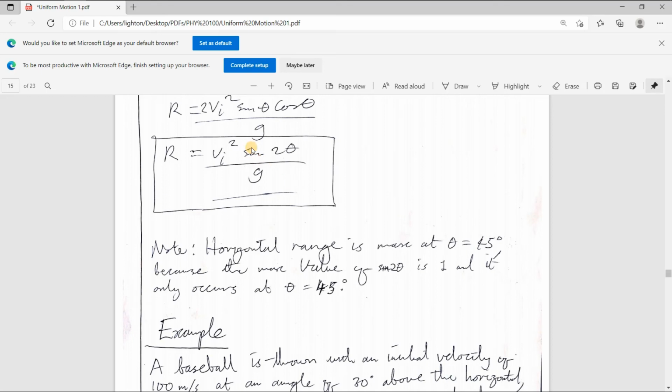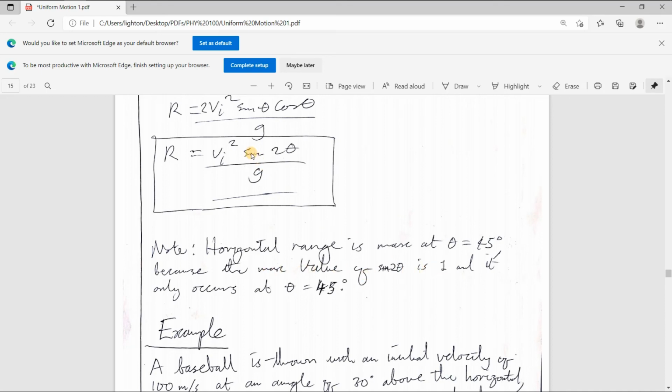Why? Because this quantity is a variable, as theta is varying. We're saying that the max value of sine 2 theta is 1.